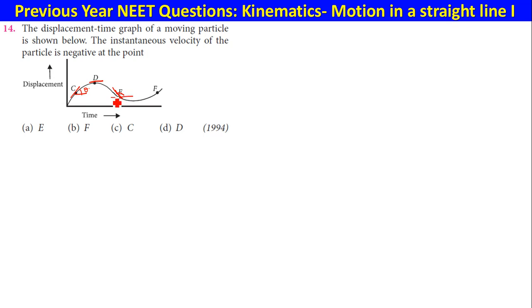That means at this point you are going to have negative velocity. You can say slope is negative, and here slope is positive, isn't it? Acute angle. So only at point E you are having an obtuse angle. When you have an obtuse angle, definitely you are going to have negative slope. You can say negative velocity.